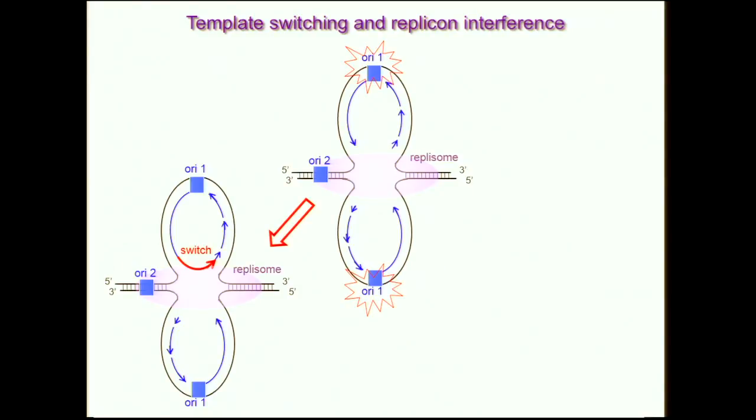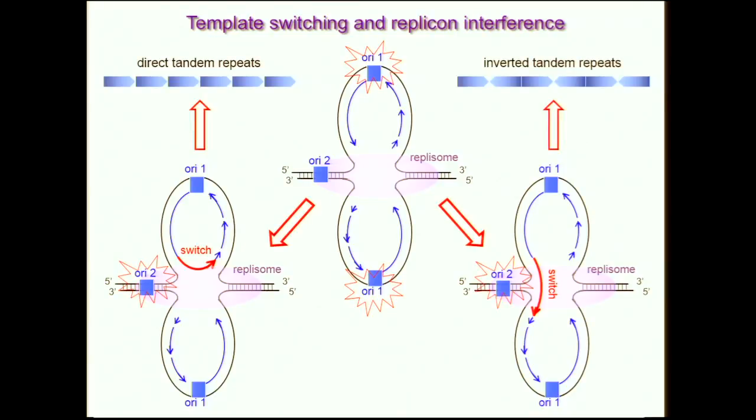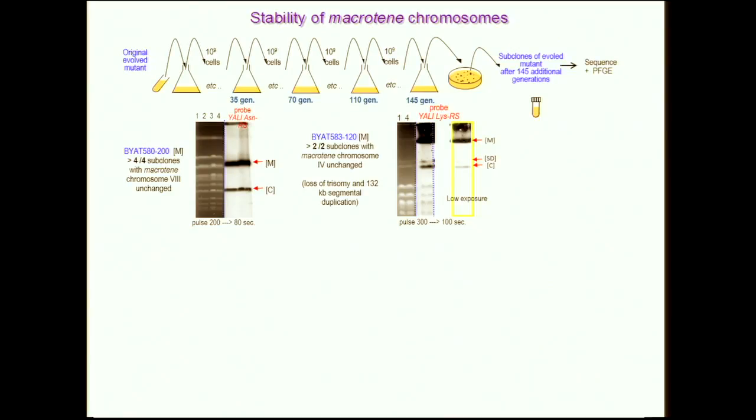If the template switching occurs in this topology or in this topology, and if the switch occurs like this or like this, and if the second next-door origin fires during this time, then it may use this DNA as a matrix to create the rolling circle type of amplification, as either direct tandem or inverted tandem, as we have seen here. Okay, that's our model.